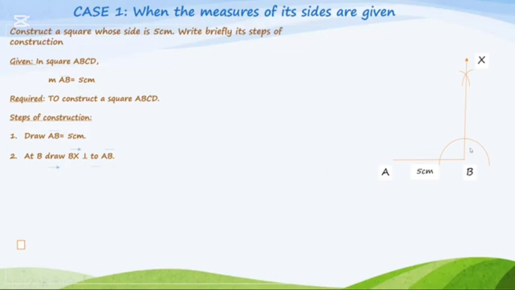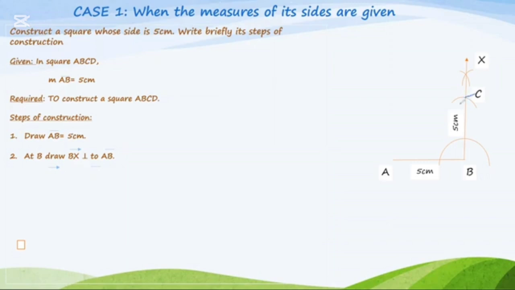This arc intersects BX at a point, and this point is called C. Not the whole arc, only the point here.